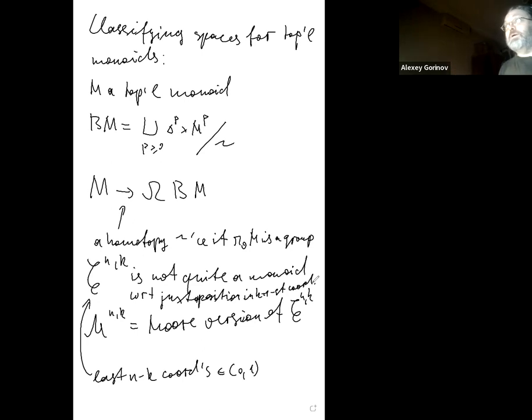Well, what does this mean? Suppose we have two manifolds such that they both belong to C_{n,k}.